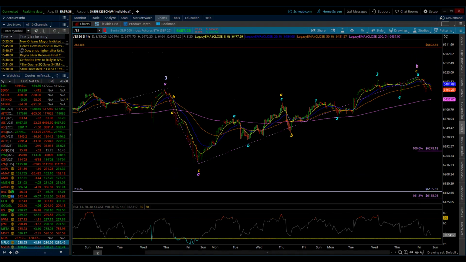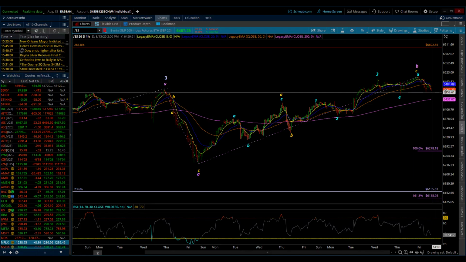Now, the large gamma one in the call wall was at 6522, but 6472, right? Towards the early part of the day, we went down and we broke large gamma 2, which was at 6472. And then at 6467 was the volatility trigger. Look where it closed. 6467 is where it closed.